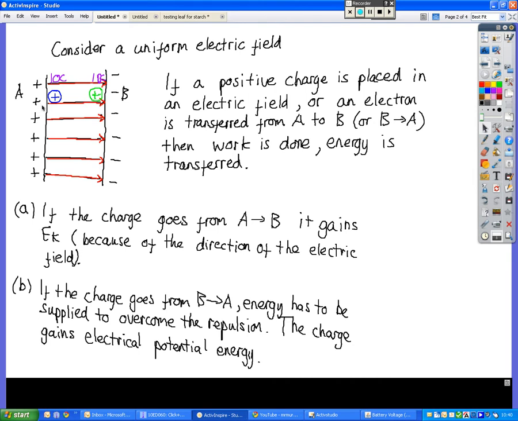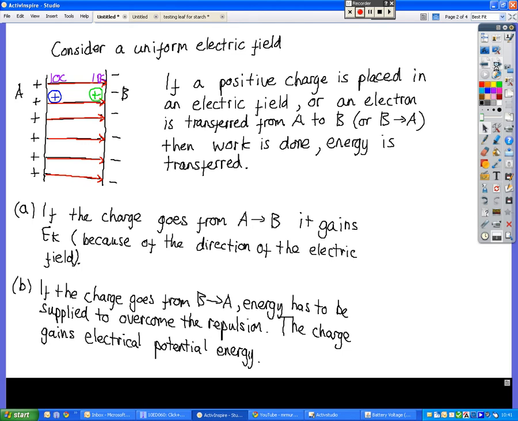So you've got to put some kind of work, some kind of energy, into that to make it move, to overcome those forces of repulsion. So we say that the charge gains potential energy, just as an object in a gravitational field would gain potential energy if you raised it to a height. So it's gaining potential energy, it's got the potential to move. If you let it go, it's going to be converted back into that kinetic energy to bring it across to the other side.